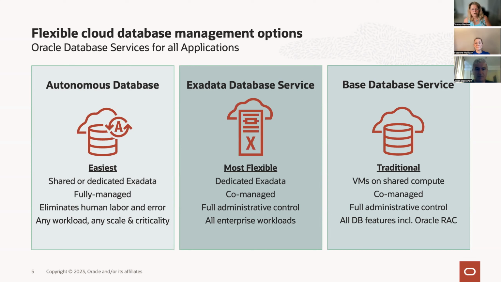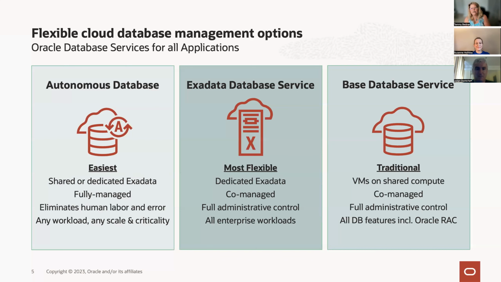By the way, I've been at Oracle for 27 years, and I definitely have had my share of making mistakes in the database that can be costly trying to repair. So Autonomous Database automates a lot of the tasks. You don't have to be manual or hands-on to achieve those, and that does eliminate a chance for human error. And Exadata Autonomous Database runs any workload, any scale, and any kind of criticality of your database workloads.